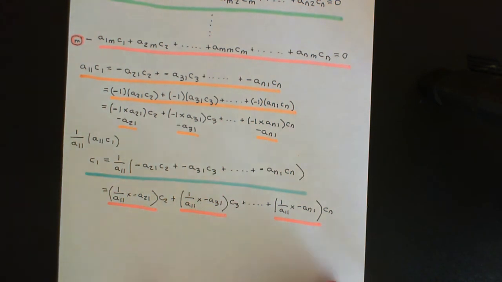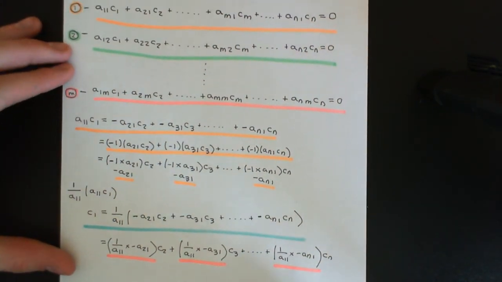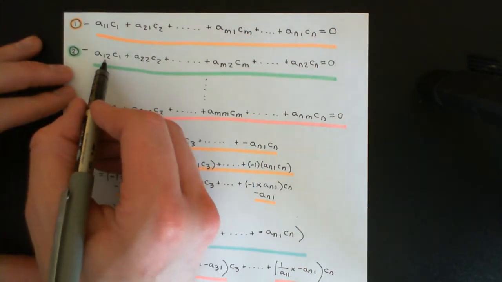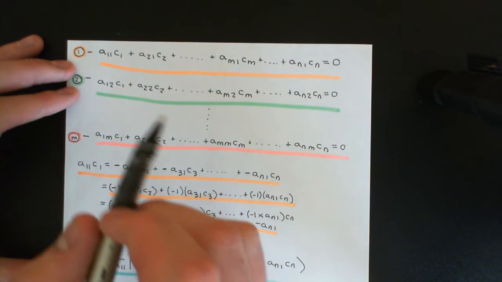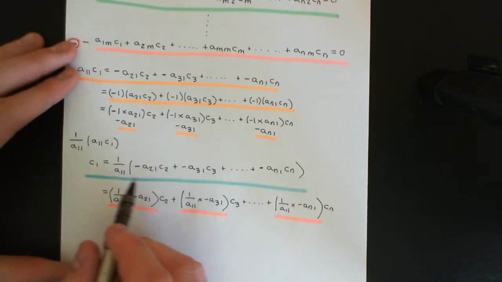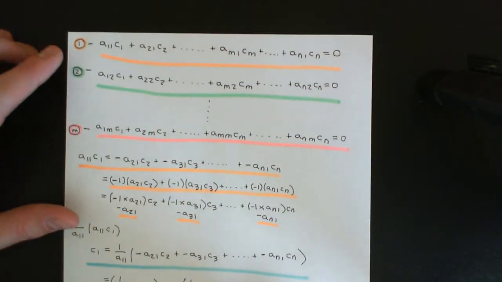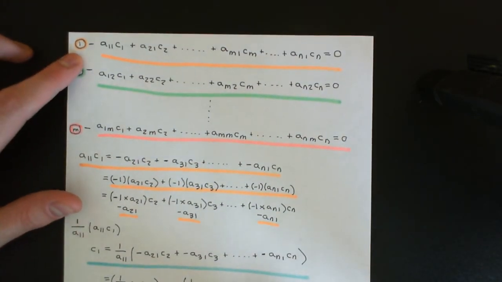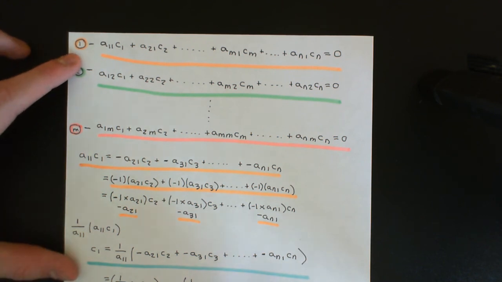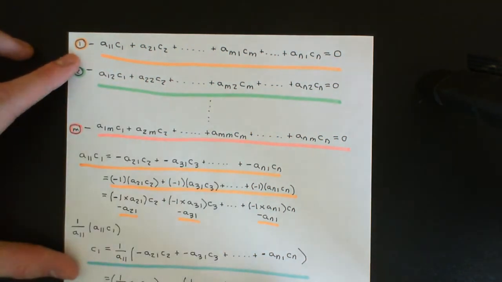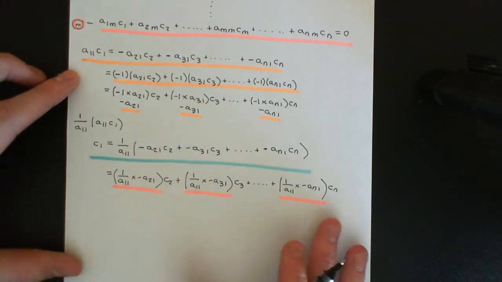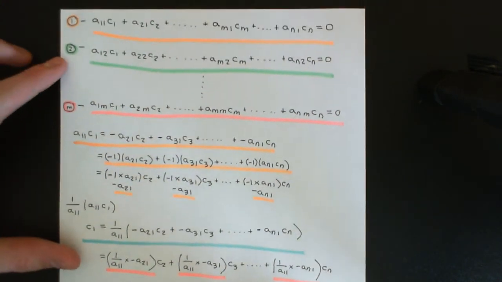So what I'm now going to do is substitute C1 equal to this in all the others. Any solution to this system of equations must have C1 equal to this, otherwise the solution wouldn't satisfy equation number 1. So I can quite simply stick in for C1 this expression, which is a linear expression in all the rest.